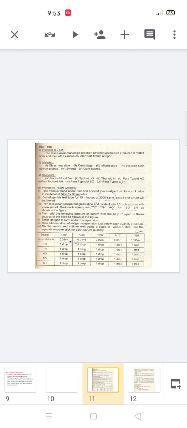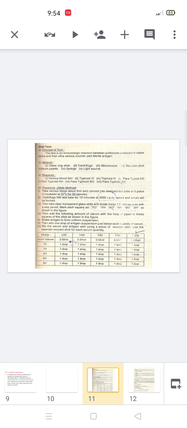We try to study the titer of the antibody by using known antigen, that is the H and O. Now, the clumping or agglutination between this antigen and antibody reaction shows us the positivity of the typhoid fever. This is the principle of the typhoid fever.